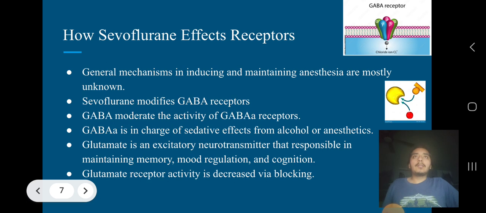In the case of sevoflurane, its effects on inducing and maintaining anesthesia are generally unknown, but research suggests that there are at least 4 main ways. One of them being preventing the release of neurotransmitters from the synaptic cell, stopping the signal altogether.